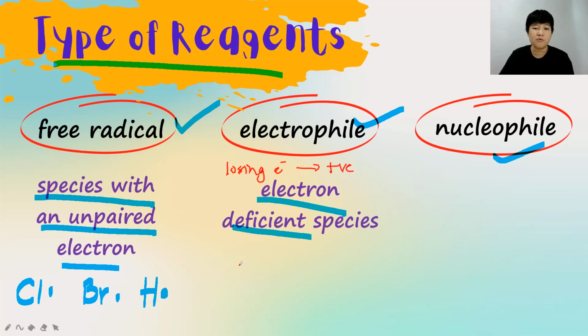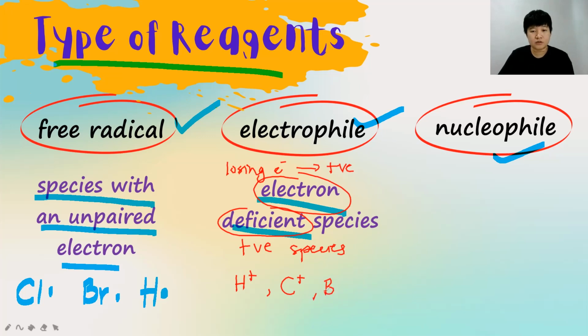Your electrophile most of the time will be a positively charged species, an ion, or sometimes it can also be a neutral species. But your electrophile is always the species that does not have enough electron, your electron deficient. The examples can be your H+, your C+ carbocation ion; all this is your electrophile. Your Br2, your Cl2 also can be your electrophile.